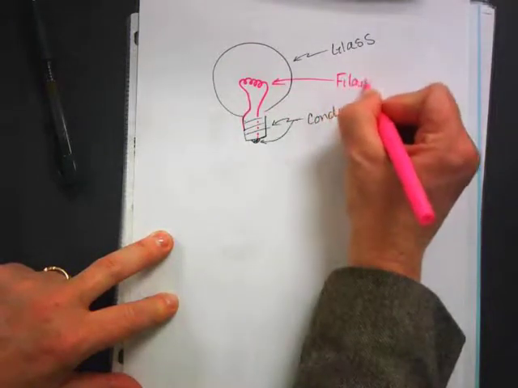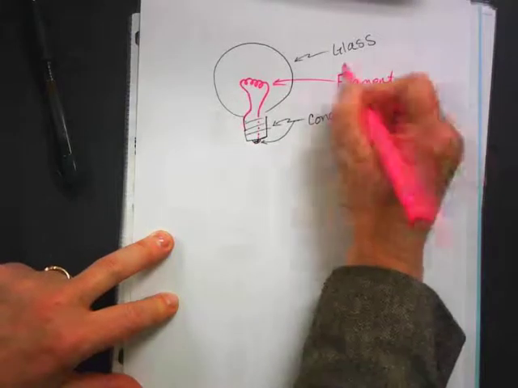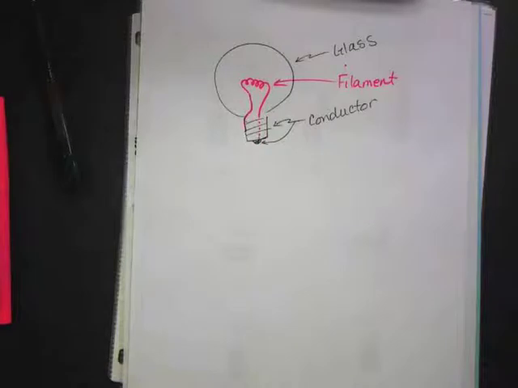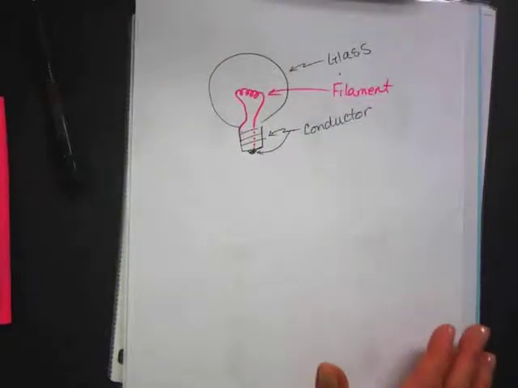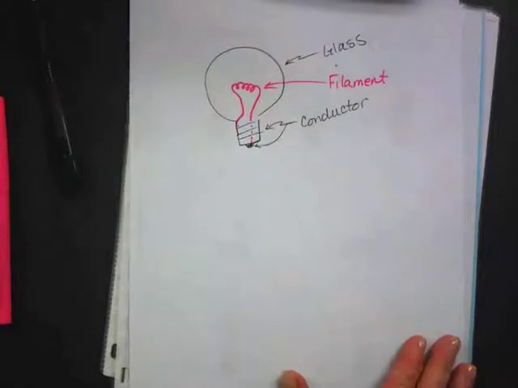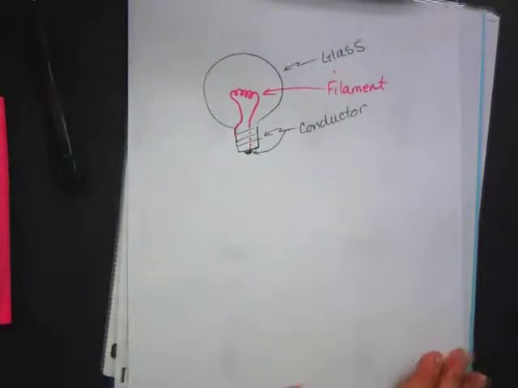The filament is actually high resistance wire, similar to the coils that you see inside of a toaster. If you've ever looked inside of a toaster while it was making your morning toast, you notice that those coils glow. Same thing is true of this filament.